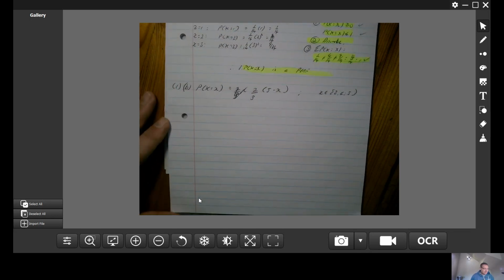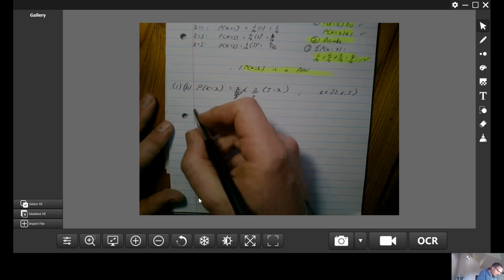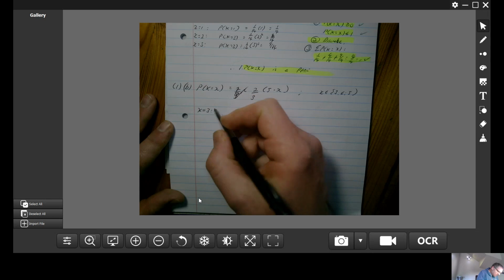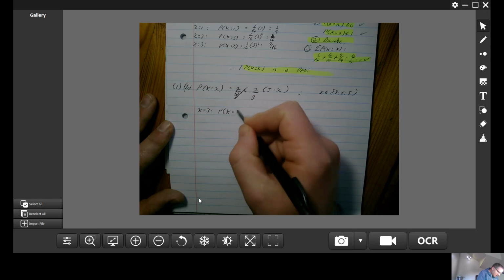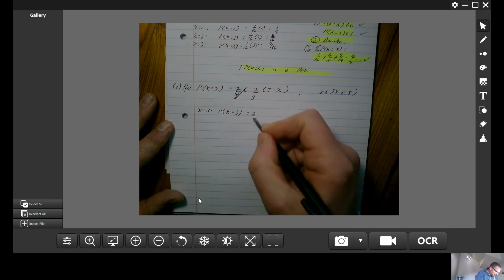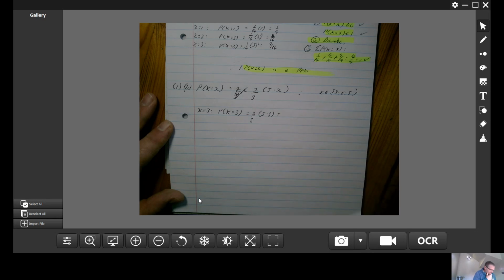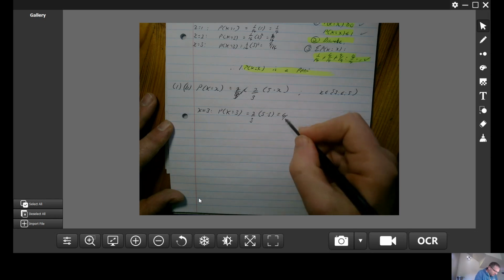Next question, B. You've got a probability mass function, 2 over 3 times (5 minus x), where x is an element of 3, 4, and 5. So if I sub in x equal to 3, probability of x equal to 3 is 2 over 3 times (5 minus 3), which is 2 over 3 times 2, which is 4 over 3.